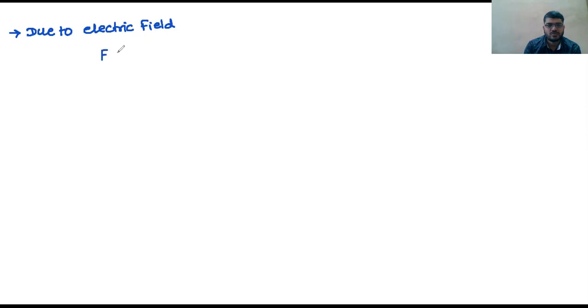F is equal to Q into E. Due to electric field, I am writing like this, there is electrostatic force.